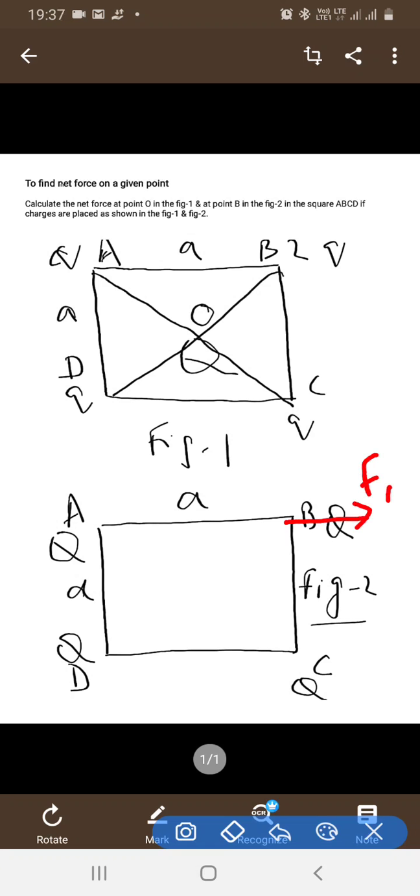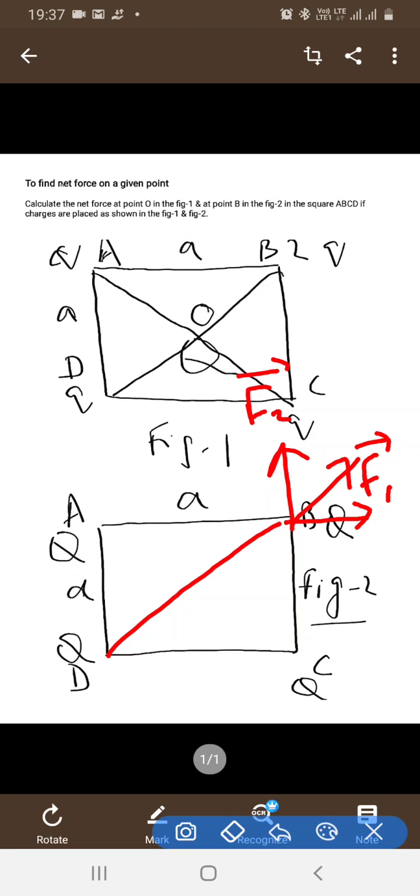So repulsive force, again we put here vector F1 due to charge at A, and force at B again along this CB, I can put here vector F2 along CB, and force at B due to charge at D will be along the diagonal DB, and I name it vector F3. Now we see vector F1 and vector F2 are making a 90-degree angle, and magnitude of F1 and F2 will be the same.